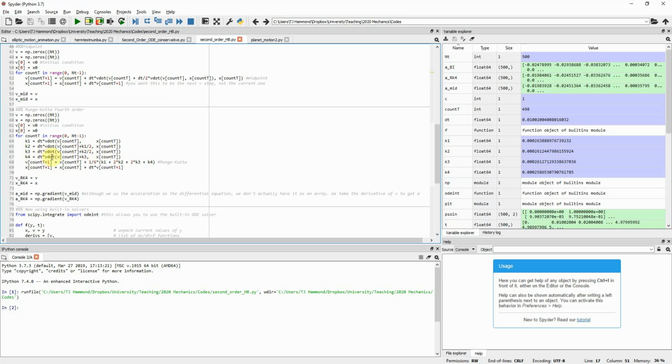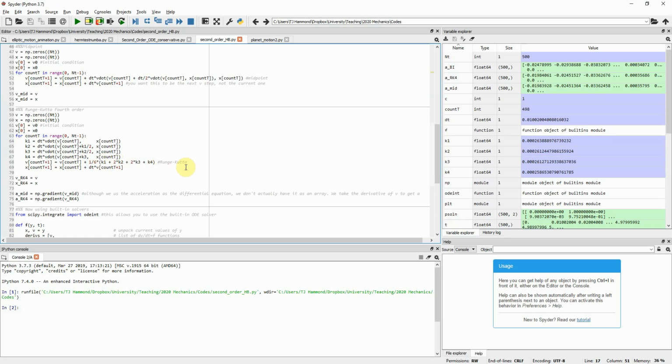K4 is dt times V dot, this derivative of the velocity at the current velocity plus K3 and the current position. And then the next velocity is the current velocity plus 1/6 of K1 plus 2K2 plus 2K3 plus K4, as we've already seen before.